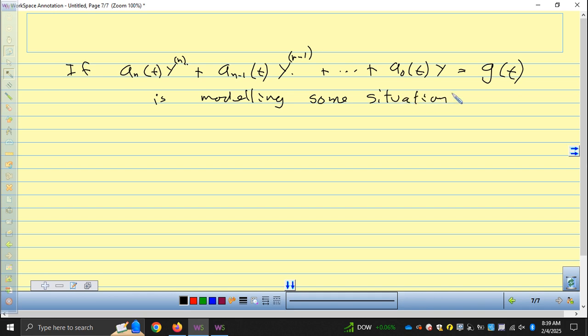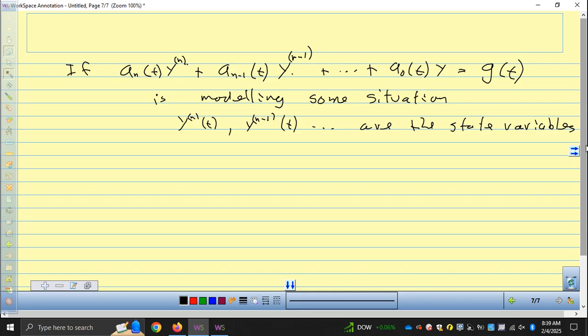So we have an nth order linear non-homogeneous differential equation modeling some situation. The nth derivative, the n minus first derivative, those are called the state variables. They describe the state of the system at some particular time.